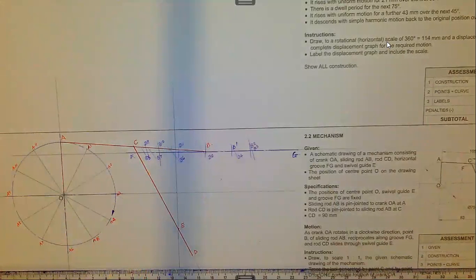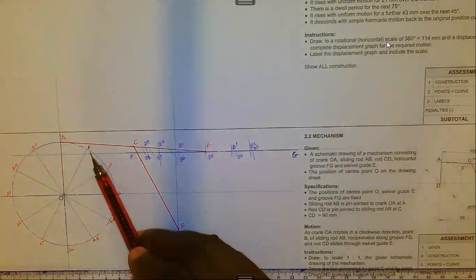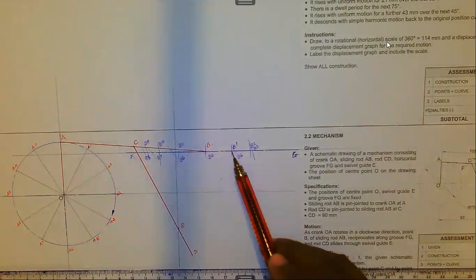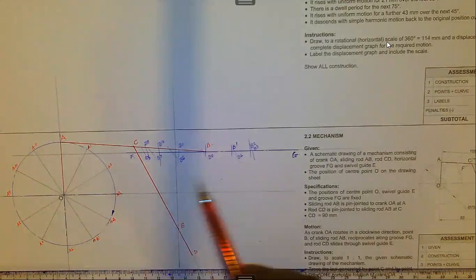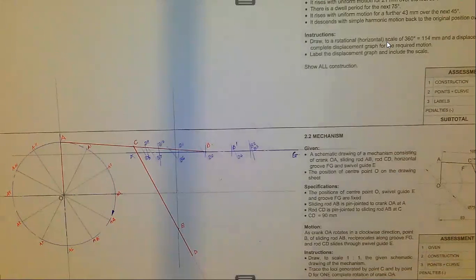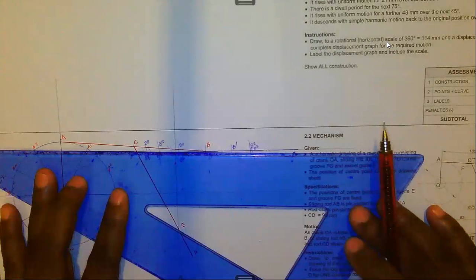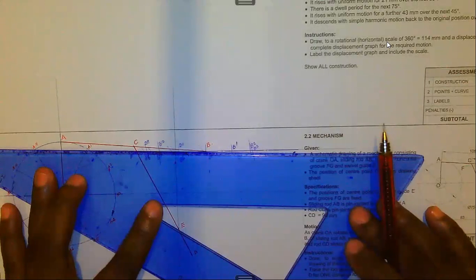Now you connect A1 to B1, then A2 to B2, A3 to B3, like that. So let's do that. They shouldn't be mixed up in terms of these points, right, like that.